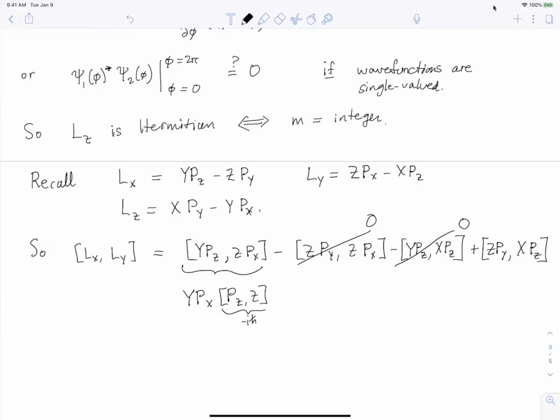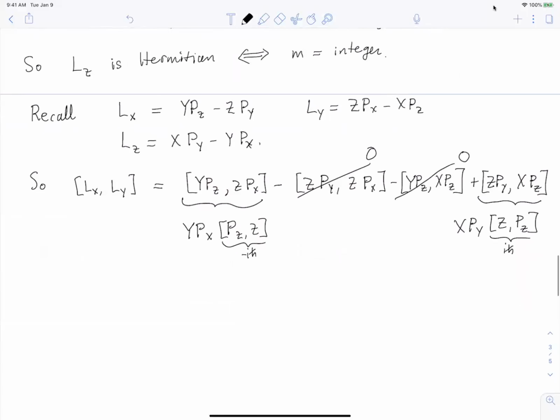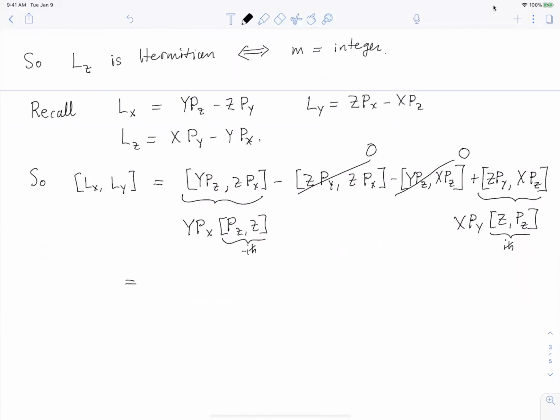And if I do the same thing with this term, this is going to be x p sub y times the commutator of z with p sub z, which is otherwise known as plus i h bar. Okay, and so the whole thing is i h bar times x p sub y minus y p sub x, which we recognize as L sub z. So this is i h bar L sub z.